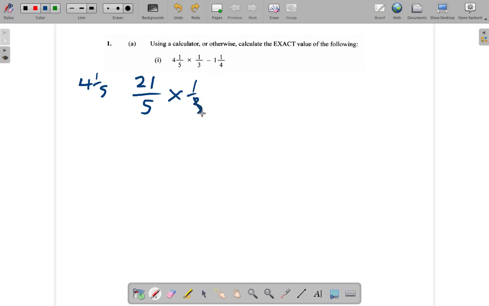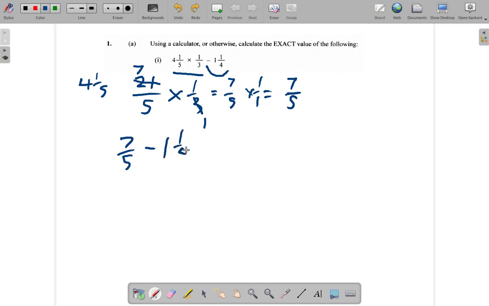So 3 to 3, 1. There is 1 three in 3. Good. How many 3s are there in 21? 7. So this becomes 7/5 multiplied by 1 over 1, which is just 7/5. So this part is your 7/5.